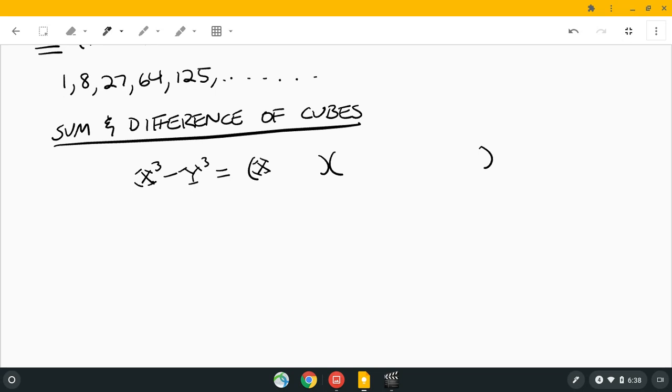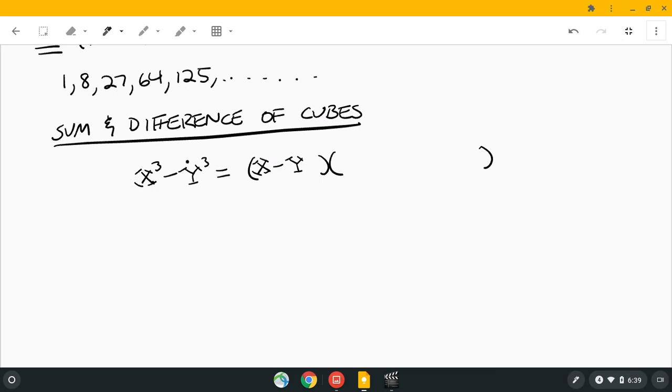It's going to be x minus y. So far that looks pretty simple, right? Identify what is being cubed here, identify what's being cubed here, and that should match up here, right? If this is subtraction, this is subtraction. And when we do sum, then the binomial will also be a sum. Okay, but let's focus here.